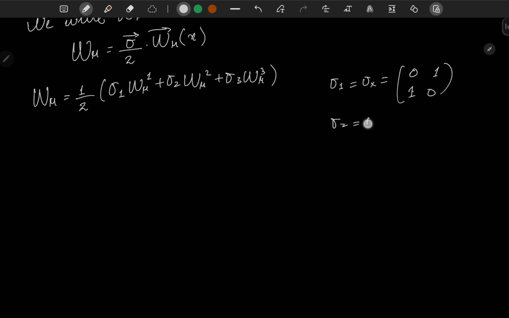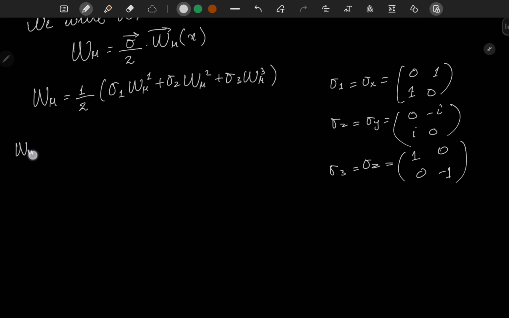Sigma 2, or sigma y, was 0 minus iota, iota 0. Sigma 3, or sigma z, was 1 0, 0 minus 1. So now we are going to write w mu in terms of Pauli matrices.